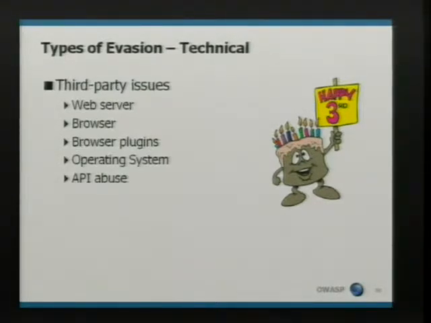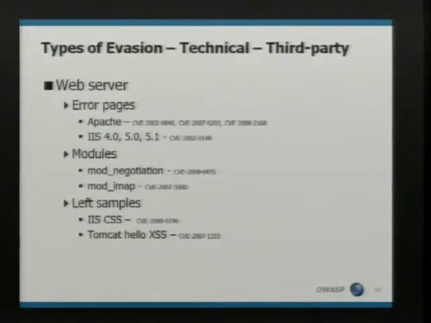We can also use an API, for example from Facebook or MySpace or eBay, and we are then able to trigger cross-site scripting. So from the technical side, third-party issues are very interesting, and in general, if you're looking at web servers, you should also look for error pages.